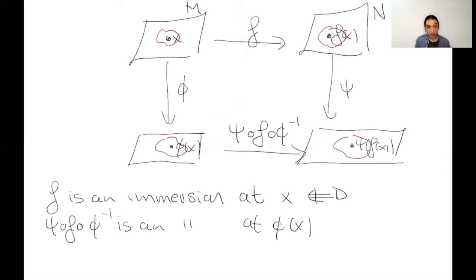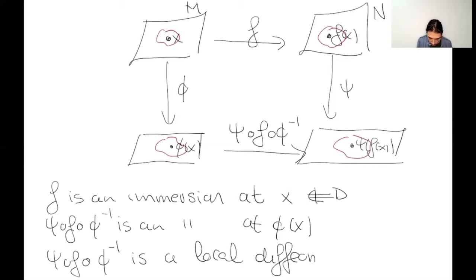Okay, but now we can apply the inverse function theorem to this map, because this map is now a map between Euclidean spaces. So we are allowed to apply the inverse function theorem. So this is going to be a local diffeomorphism, in a neighborhood of x, if you want.